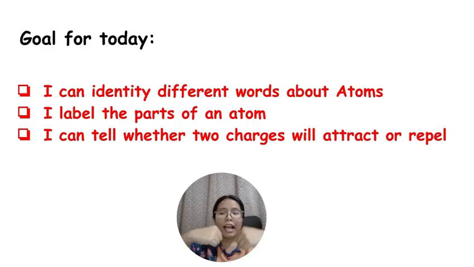Attract or repel? Attract kasi magkaiba sila ng charge. Okay? So, last, negative and negative. Attract or repel? Repel. Kasi pareho lang silang negative. So, hindi sila lalapit sa isa't isa. Okay? So, if you can tell that, you have reached goal number 3.